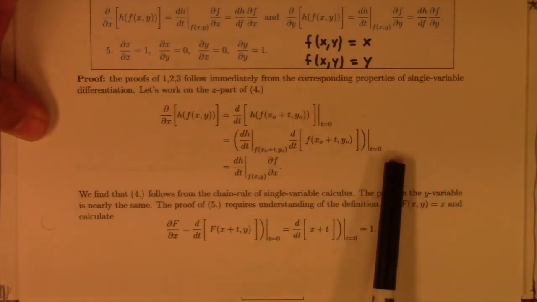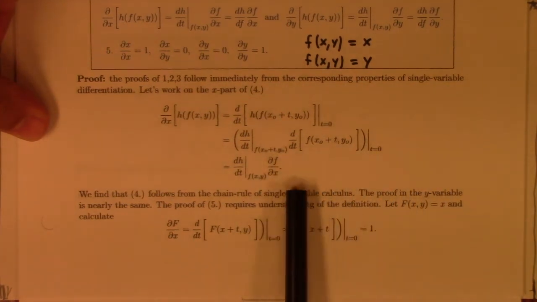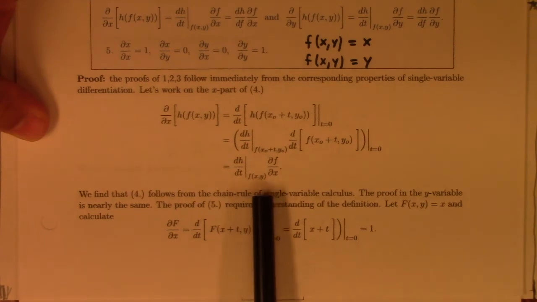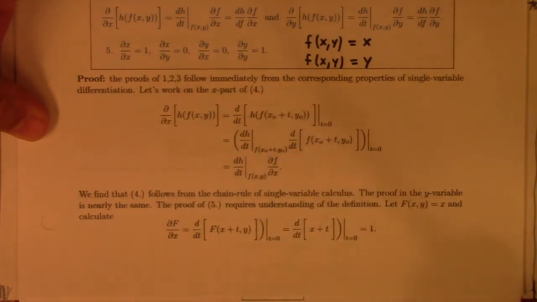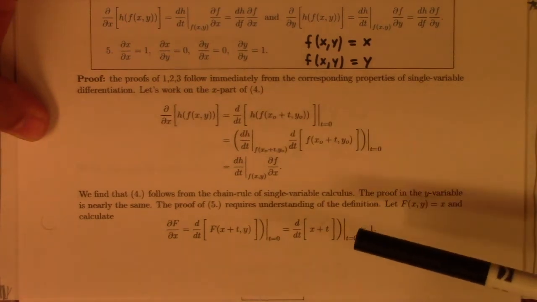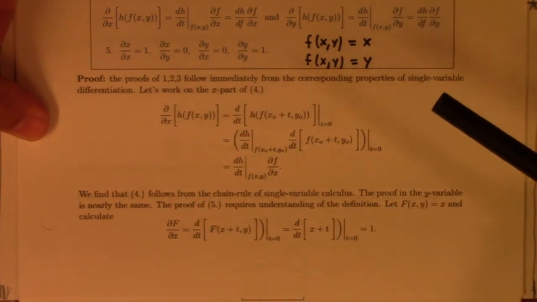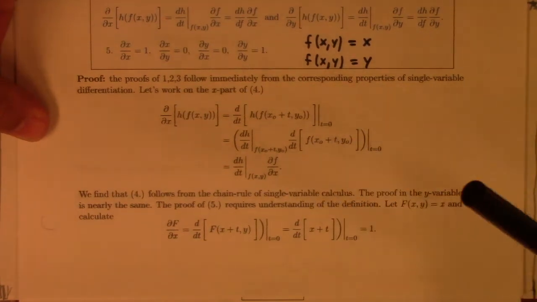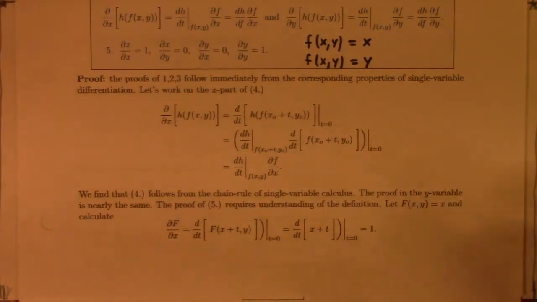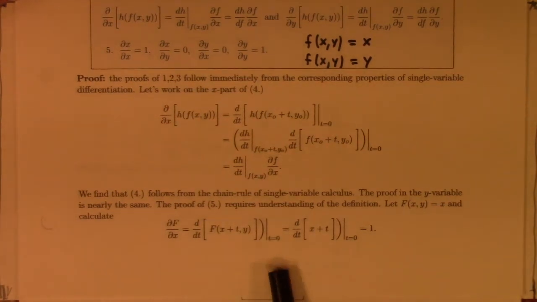And then when I plug in t equal to 0, I get exactly dh/dt at f of (x, y), and this, when evaluated at 0, is partial f partial x. So basically, the chain rule that I advertised in the above proposition follows immediately from the ordinary chain rule in calculus 1. And the proof that partial x of x is 1 is right here. It's just this.